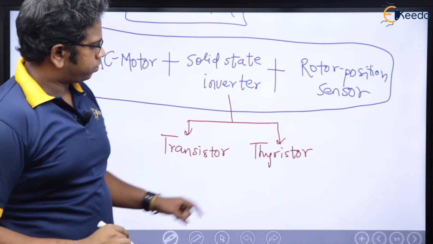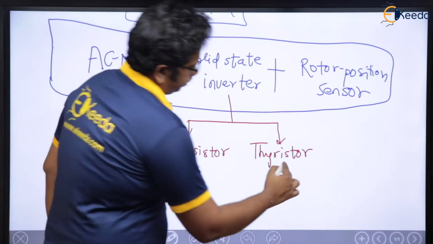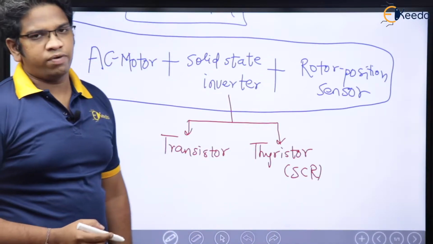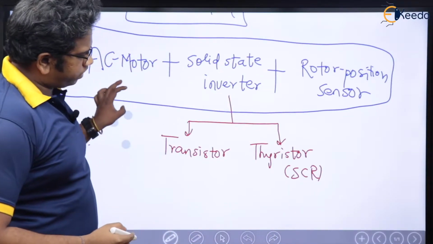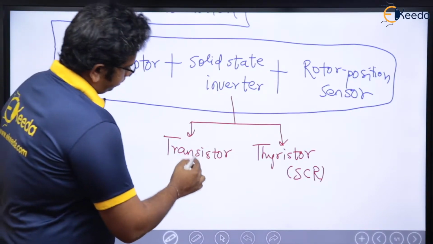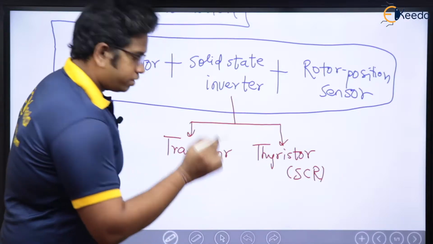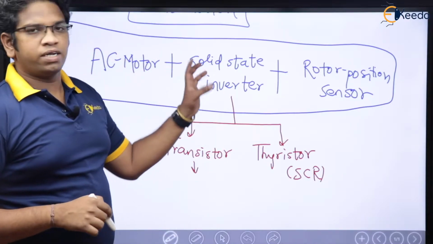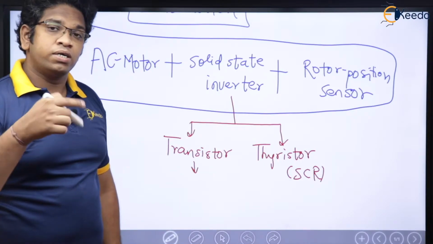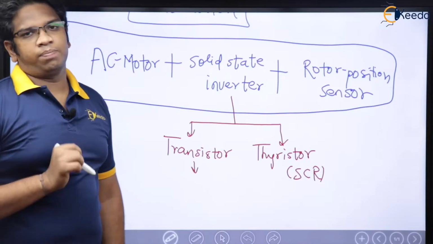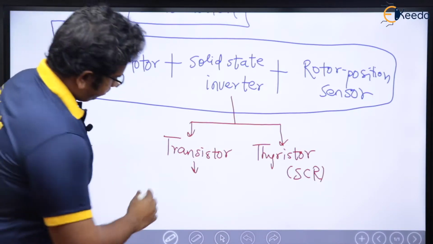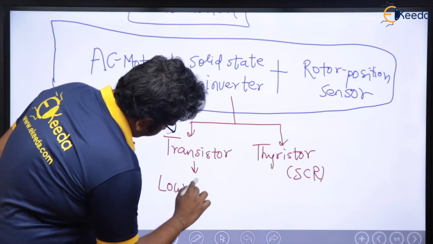Thyristor means SCR, silicon controlled rectifier. The transistor circuit is used in low power applications, that is, low power BLDC drives.